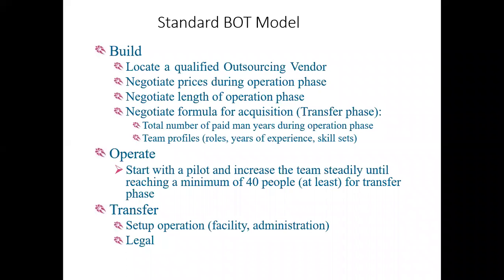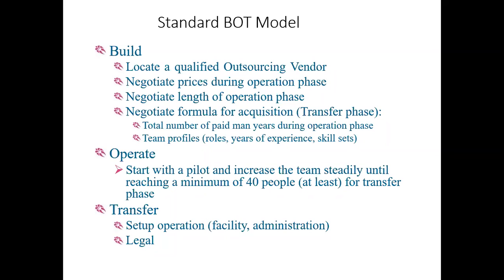So this particular scenario, all of you know very well, and this is called BOT, that is build, operate, and transfer. So the BOT model is very useful from the government point of view, because public sector and some private companies are involved in this.